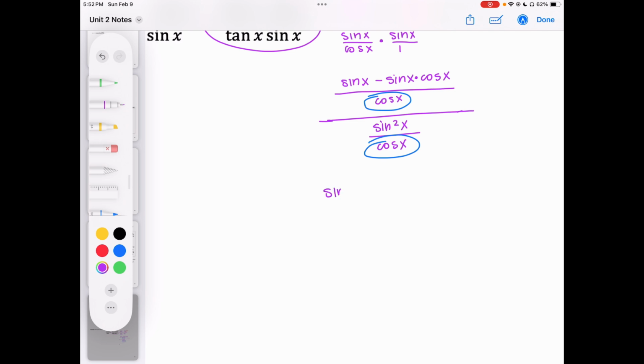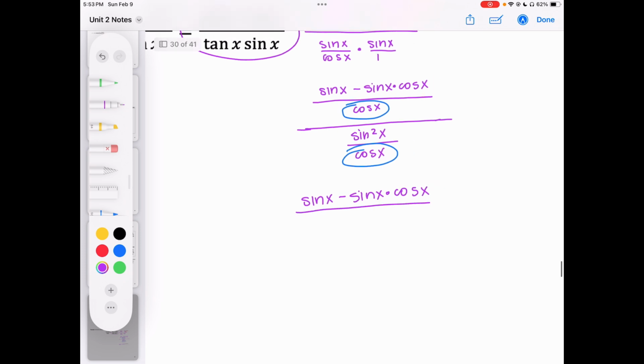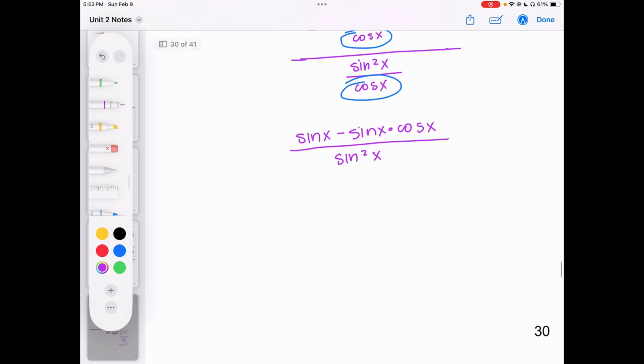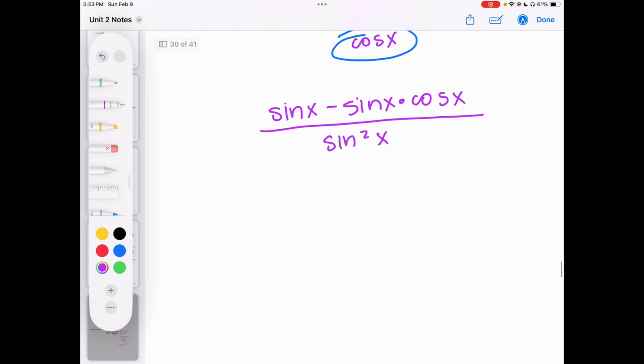So now I have sine of x minus sine of x times cosine of x, all divided by sine squared of x. I immediately notice that all of these have sines. So I'm going to divide out a sine on the numerator. So dividing that out, factoring it out, I'm left with this in the numerator over sine of x.